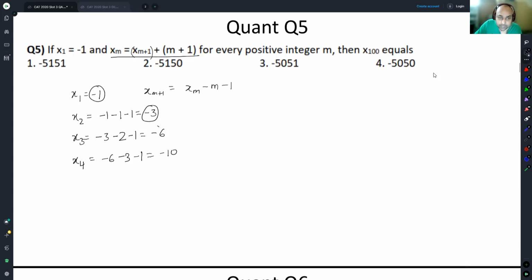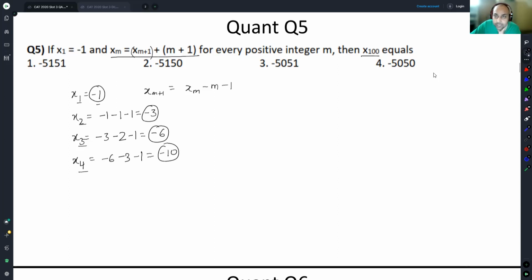Can you see the numbers that are being generated for x1, x2, x3, x4? Can you identify this series? What is this series, people? Sum of first n natural numbers.